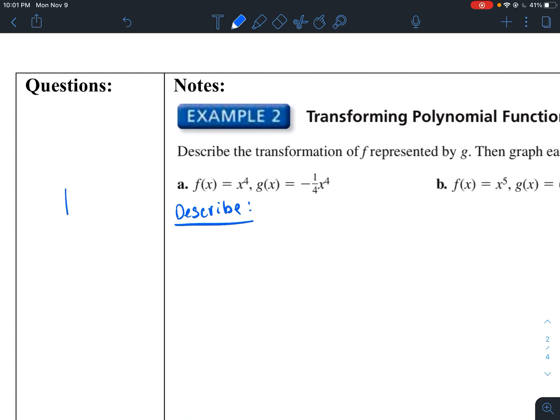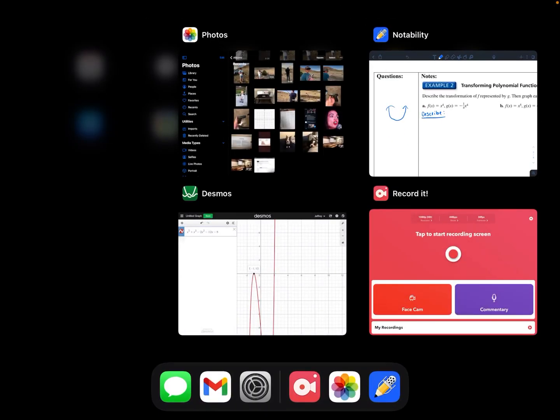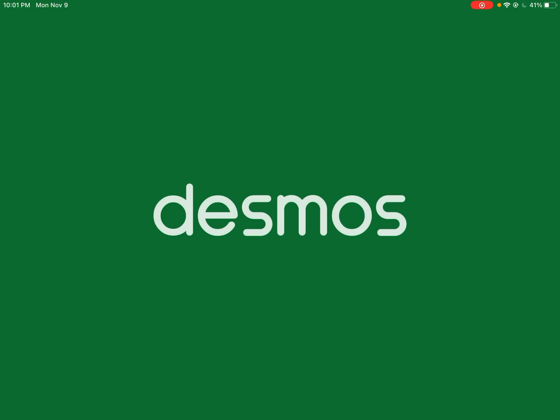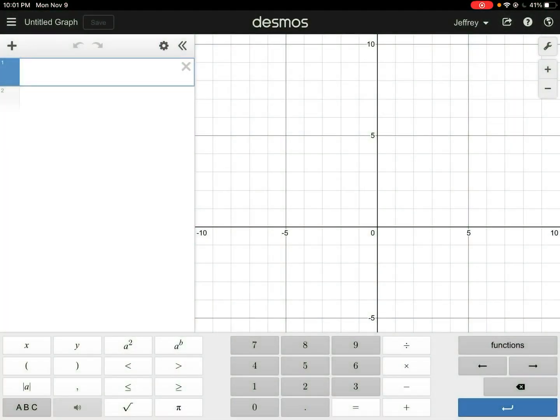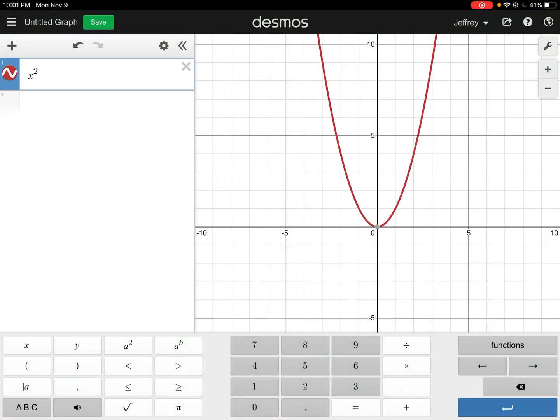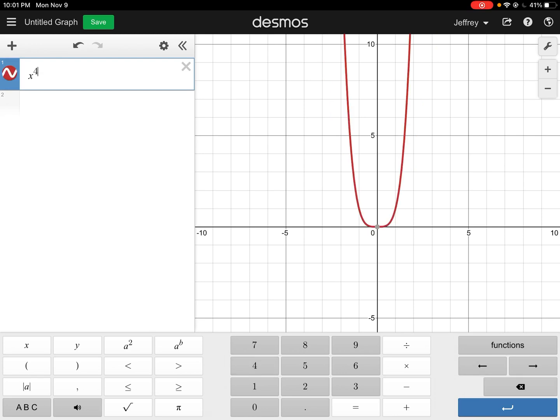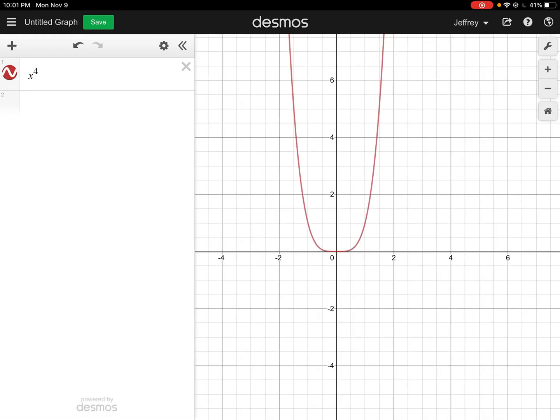This will look pretty much similar to what the cubic function looks like. In fact, I can actually show you right here. I'll just go ahead and graph it in here really quickly. So we have x, so this is x squared. Now if you want to do x to the fourth, it looks more like that. So you see that the base is a little bit more wide.